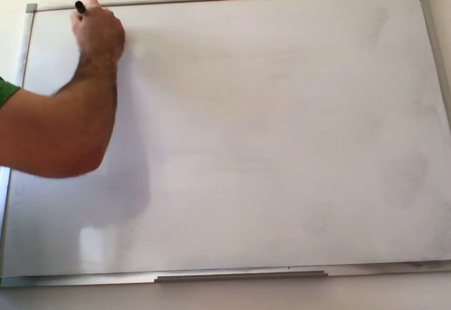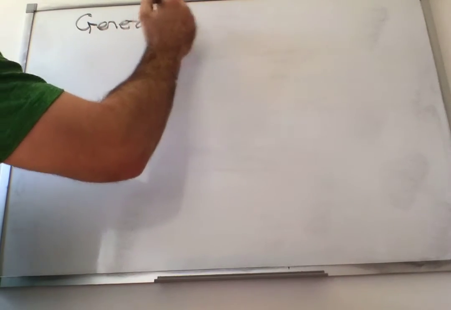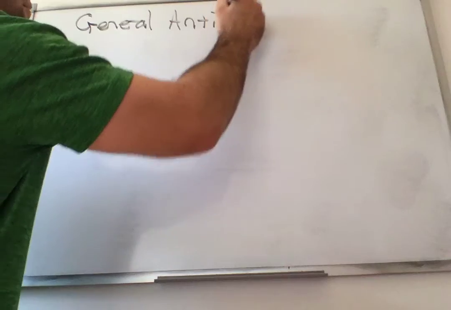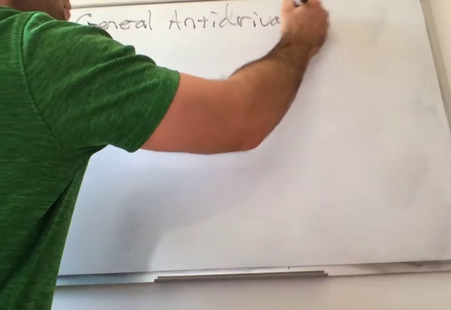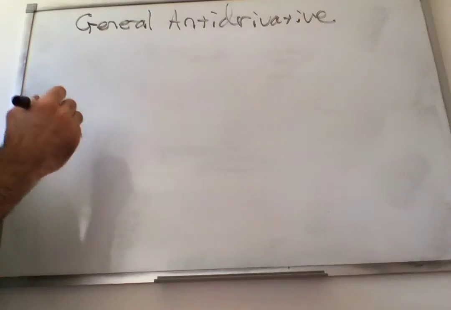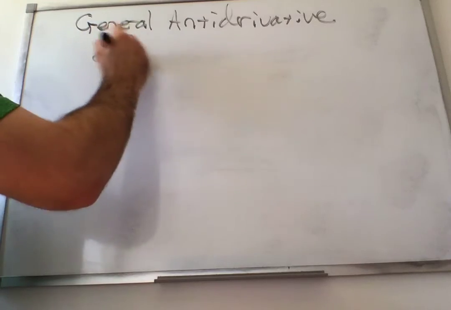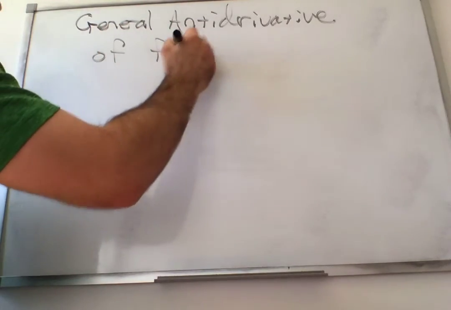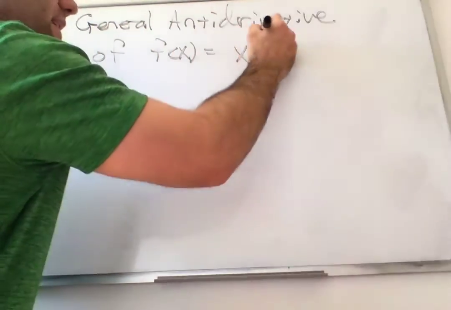All right, so now let's talk about the general antiderivative of f of x equals x to the n.